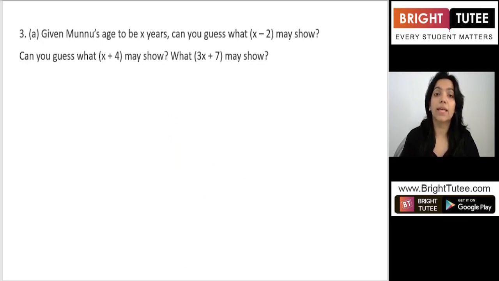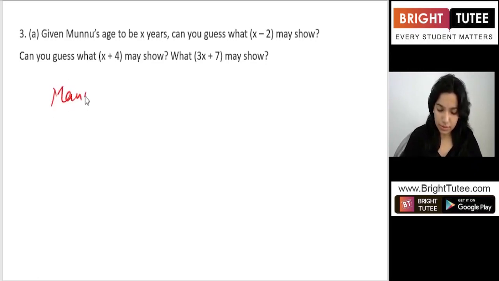Okay. Now the next question is the third one. It says, given Manu's age to be X years, can you guess what X minus 2 may show? Can you guess what X plus 4 may show? What is 3X plus 7, right? So let us see. Manu's age is X years, so it's probably the present age.